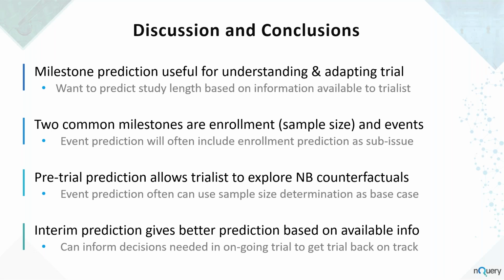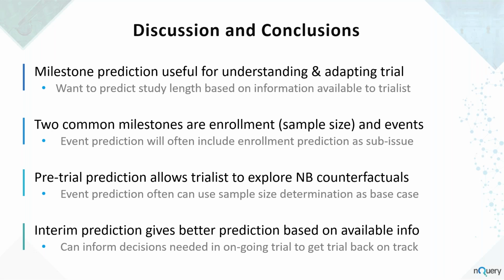The two most common milestones are enrollment, or sample size, and events for survival analysis. And event prediction, as is very obvious from today's webinar, will often include enrollment modeling as a sub-process within it. Pre-trial prediction allows us to explore important counterfactuals, with event prediction often using sample size determination as its base for defining what the inputs for that prediction should be pre-trial.